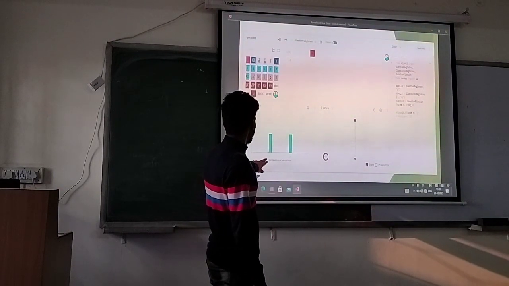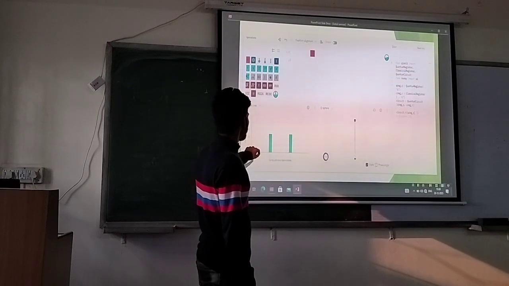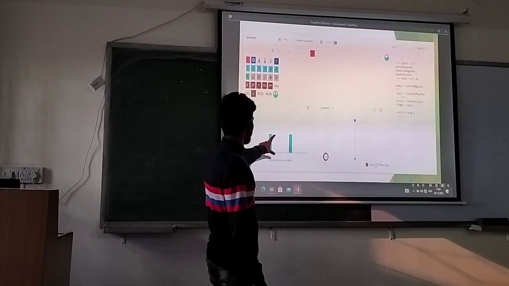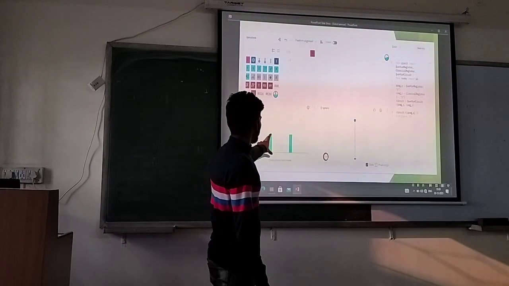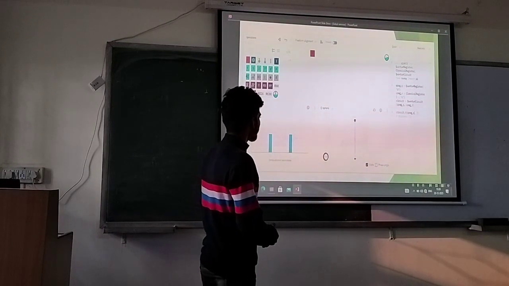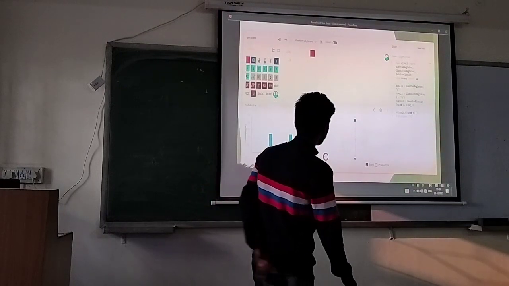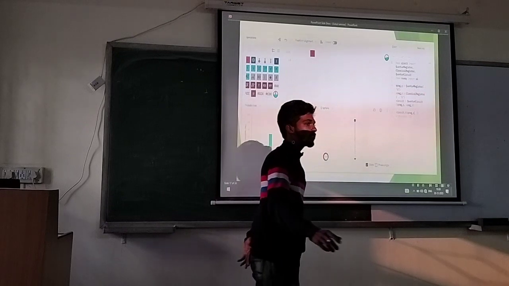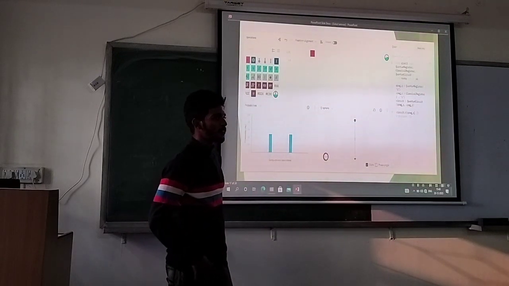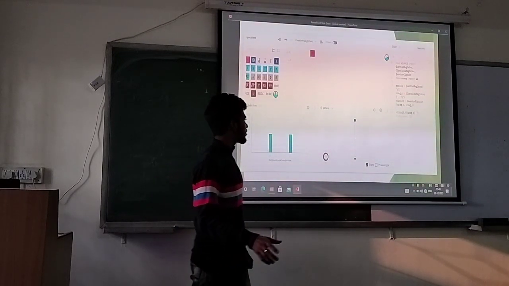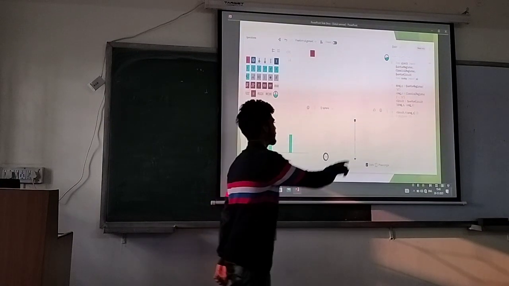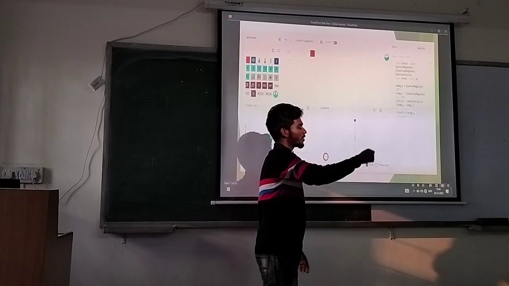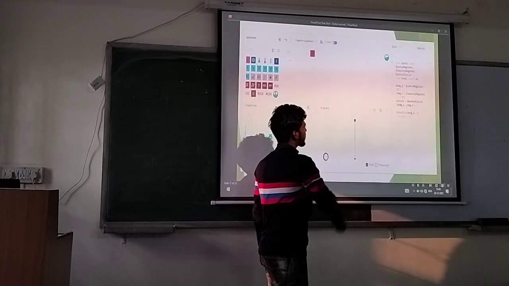This is the graph shown by the simulator, where it is 50% and not exactly 50%. The bar graph is given, and then this is the Bloch sphere diagram. The Bloch sphere is for a single qubit, but for a large number of qubits we use the Q sphere, where it may be |0>, |00>, |000>, and here |111> is given.